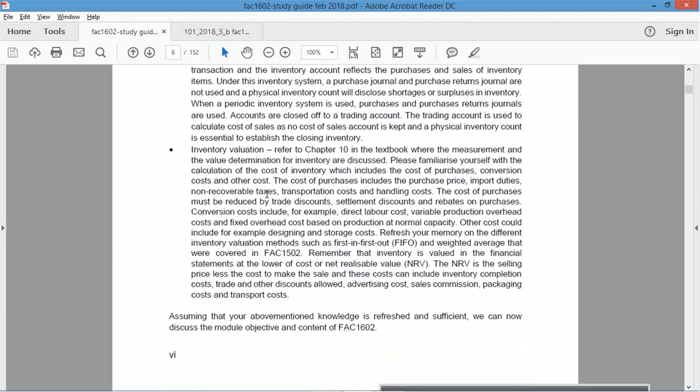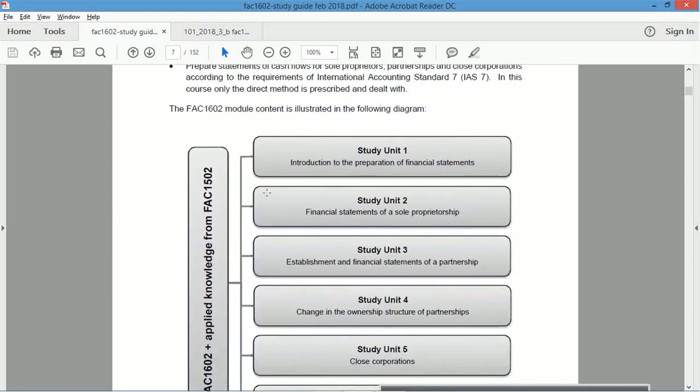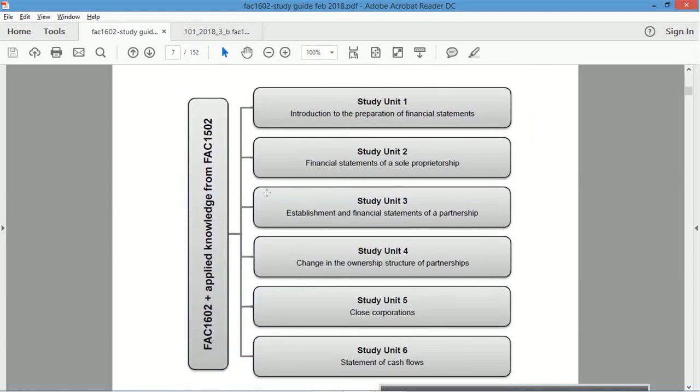That's all assumed knowledge. Even VAT, we need to know how to do calculations around that. This is 1602 and 1502, and you can see they've combined the two. That's 1502, and then this is 1601, which is this new module.